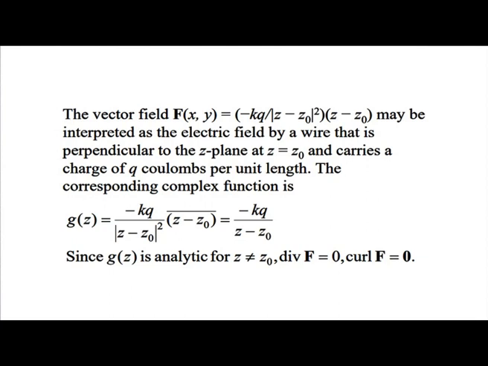The corresponding complex function is g(z) equals minus kq by |z minus z naught| squared into the conjugate of z minus z naught, which equals minus kq by (z minus z naught). Since g(z) is analytic for z not equal to z naught, divergence of F is equal to 0 and curl of F is equal to 0.